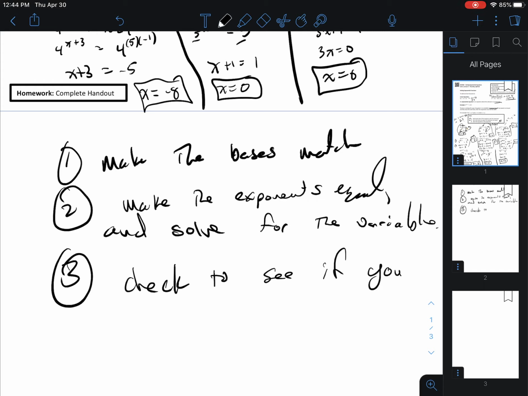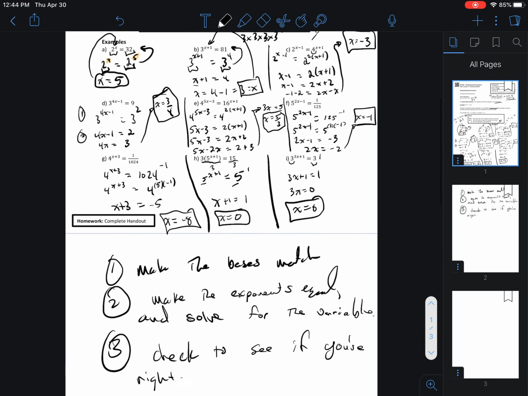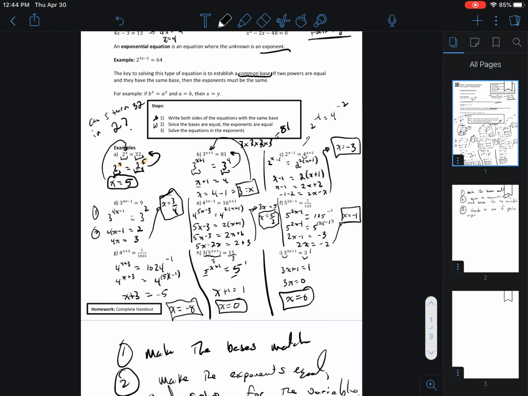And third, you can check to see if you're right.